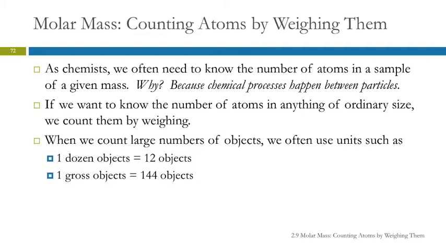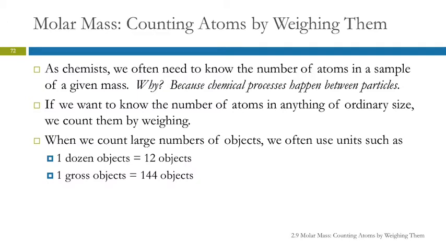It just means 12 things. Another unit is the gross. A gross is a dozen dozen, so that's 144 objects. Little glass vials that we use in the GC often will come in a gross. There's another unit we're familiar with, a ream. A ream of paper, 500 pieces.